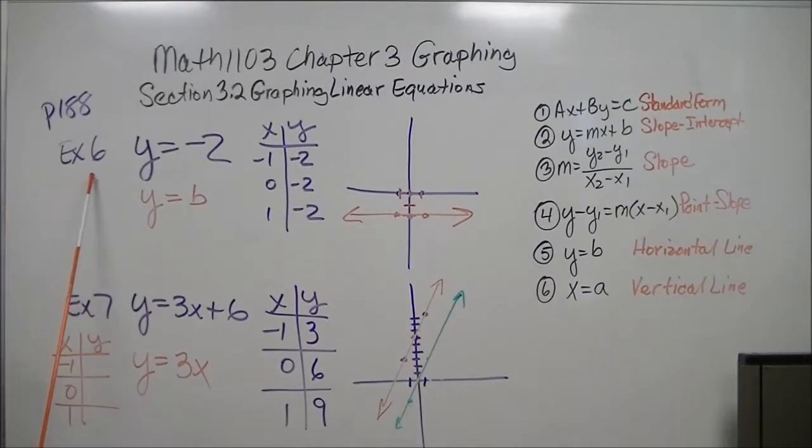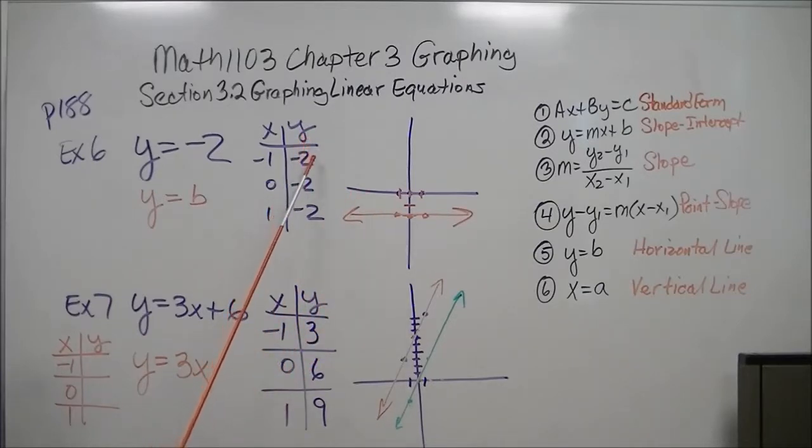In example 6, we're seeing an interesting modification of equation 2 where y equals something. In fact, we're calling that a special case, equation 5, where y equals b. So whatever is in this b position is your y-intercept. And your y-intercept is a -2.